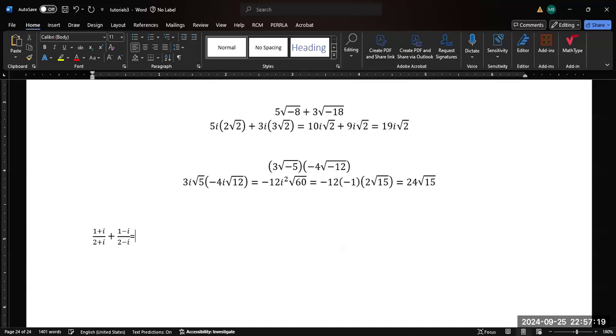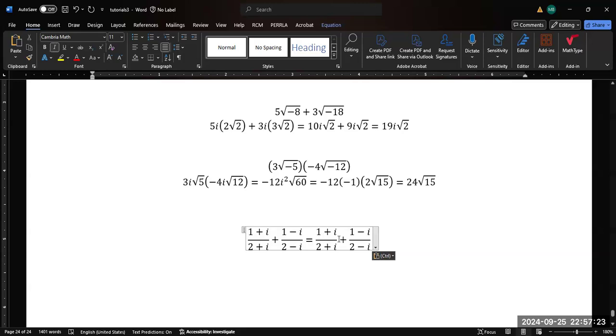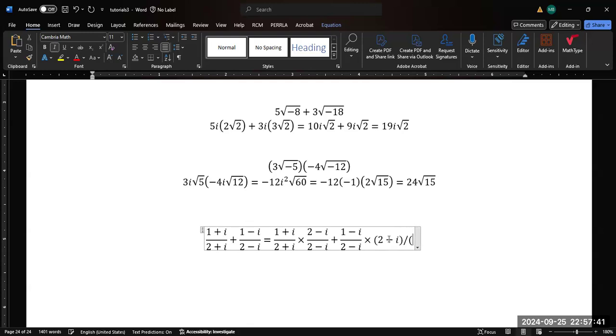So we're going to multiply the first expression by 2 minus i over 2 minus i. And we're going to multiply the second one by its conjugate, 2 plus i over 2 plus i.